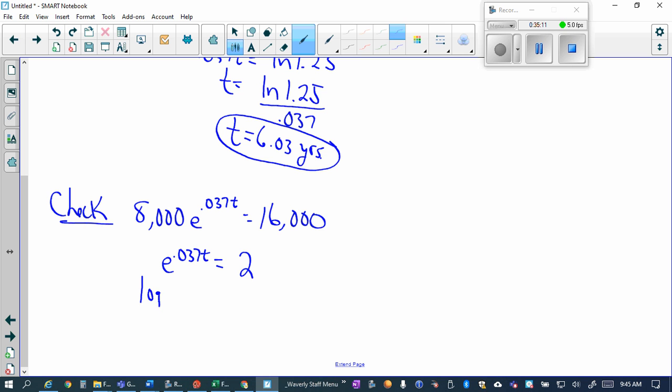Take the log base 10 of e to the 0.07t. Use your exponent rule.